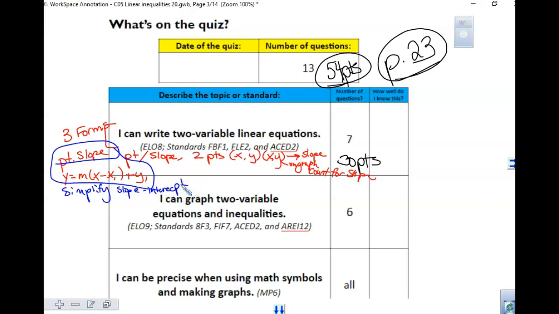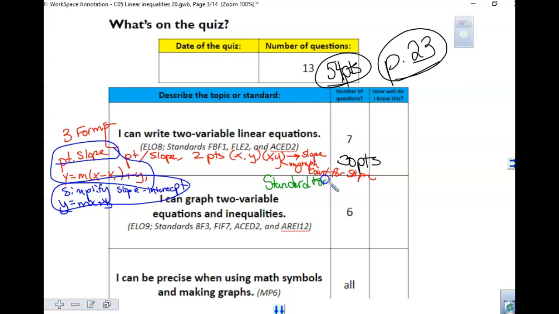So if it says simplify it, write it in slope-intercept, y equals mx plus b. I might ask you to identify what's the slope, what's the y-intercept, right? When I give you that equation. And then the last one is that standard form that we were working on.